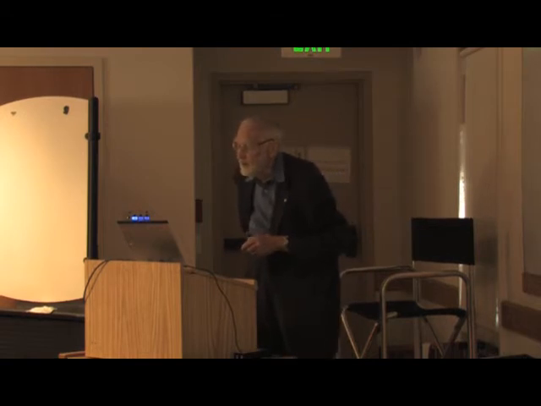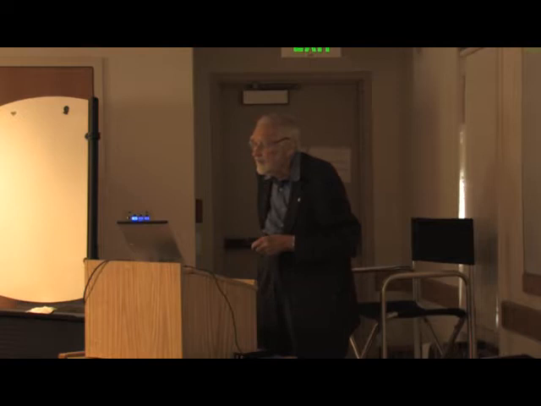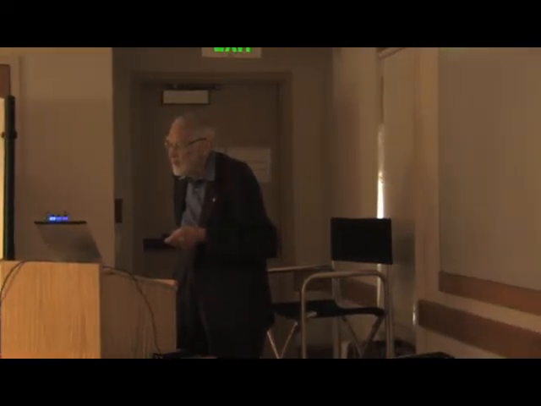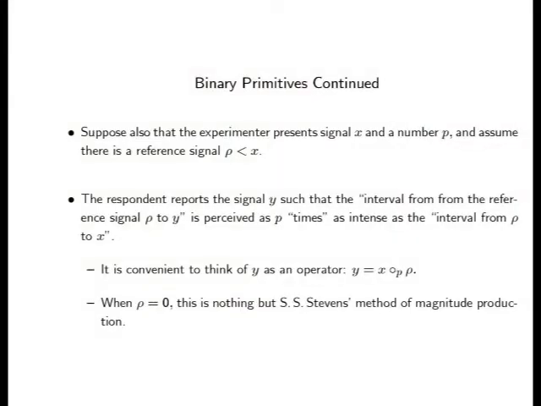The second kind of primitive in this work is you get the experimenter to present a signal and a number and ask the respondent to say, well, and there's also a reference signal that I call rho, which is either experimentally given or is generated by the respondent.